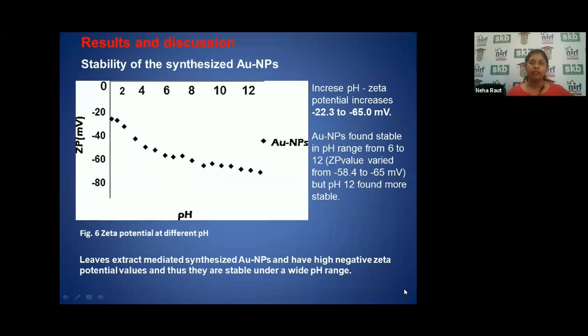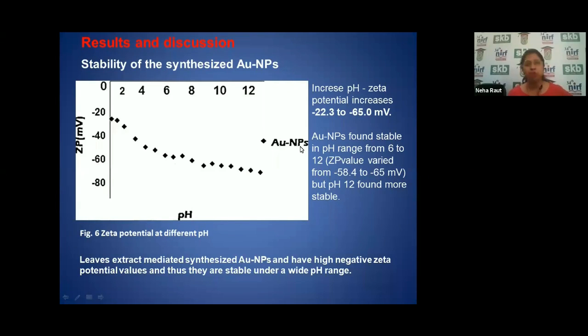Now, how to get confirmation of the stability of the synthesized gold nanoparticles? You can see the zeta potential. Zeta potential is used to check the stability. The zeta potential is plotted on the y-axis, and the pH is on the x-axis. As the pH increases, the zeta potential becomes more negative, from minus 22.3 to minus 65.0 millivolt.